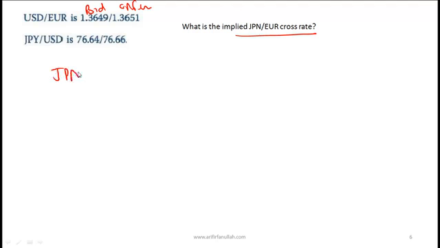So let's try and calculate this. The Japanese yen to euro cross rate is equal to the Japanese yen to USD multiplied by USD to euro.